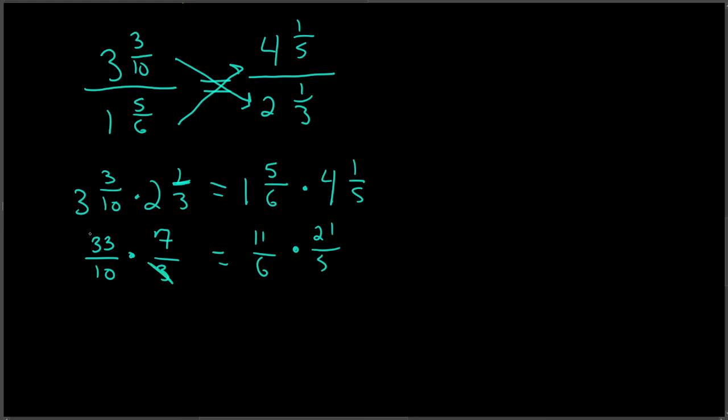Now these both have factors of 3, so that's 77 tenths. Here, is there any simplification that I can do? Well, yeah, this is 3 times 2, and that's 3 times 7, and I get 77 tenths. And so these are proportional to each other.